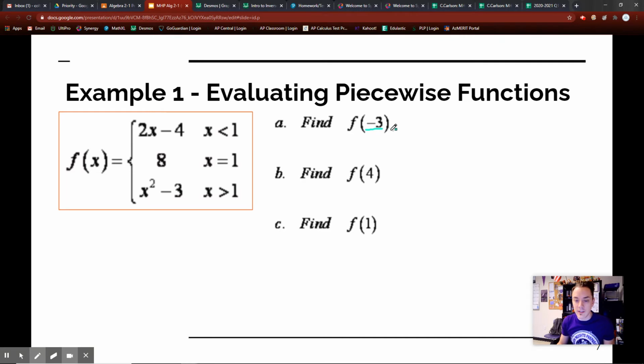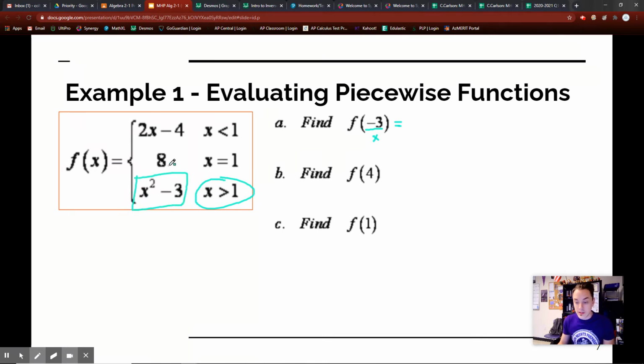Now, think about -3. This is an x value. Am I going to plug this x value into a function in which x is greater than 1? Am I going to plug in -3 here?